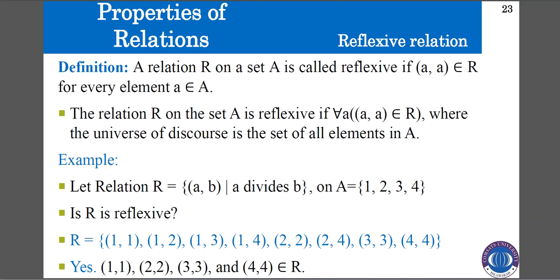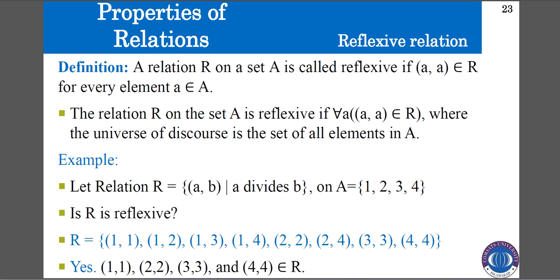Reflexive relation definition: a relation R on set A is called reflexive if the pair (a, a) belongs to R for every element a belonging to A. The relation R on the set A is reflexive if for all elements a, the pair (a, a) belongs to R, where the universe of discourse is the set of all elements in A. For example, the relation R = {(a, b) | a divides b} on the set A = {1, 2, 3, 4}.